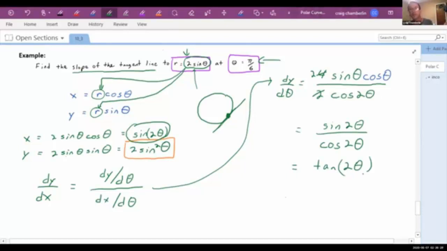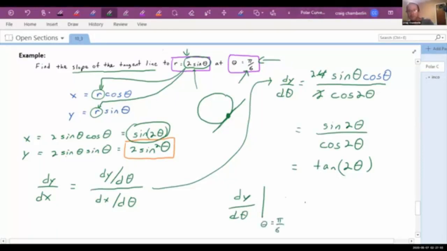Okay, so we're not done. We're almost done. But any questions at this point? Okay, so remember what we want to do. We want the actual slope of the tangent line at theta equals pi over 6. So here's a way to denote that: dy d theta evaluated at theta equals pi over 6.